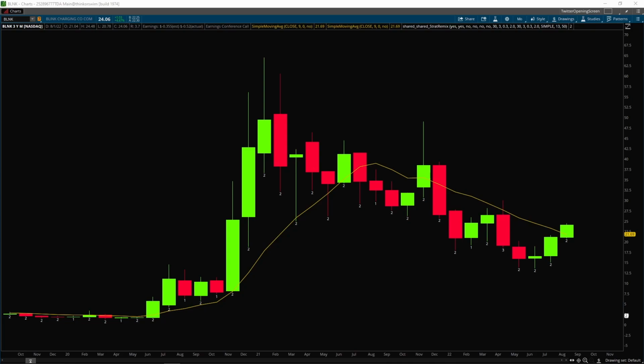Looking at Blink, you're going to look at this 30.25. This would be a price target, right? You see the 2-2 reversal, and that's where it wants to go. It wants to hit the price target and go higher. When it hits that price target, it usually has a big rejection because that's where most of the sellers that were holding sell so they can get out of the red, or they buy more, right?